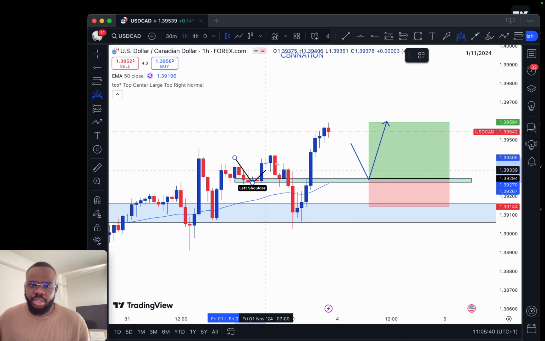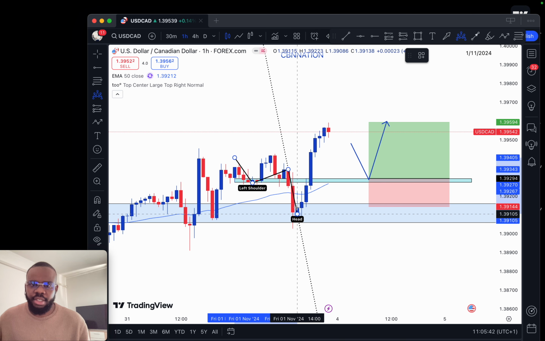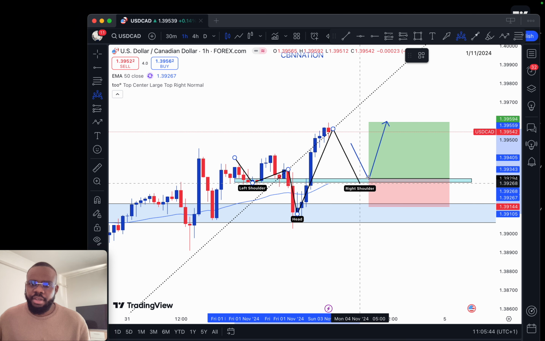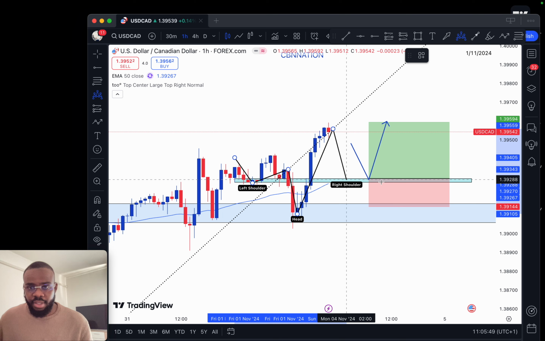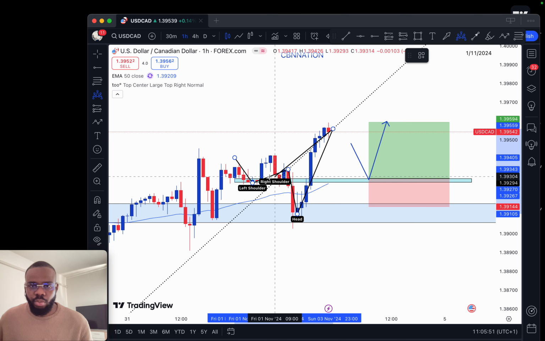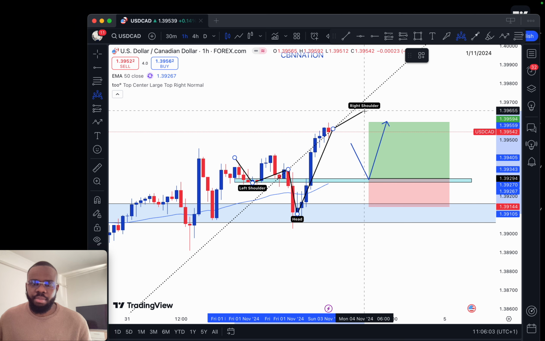We see the left shoulder, the head, then the breakout, then the right shoulder is going to form here, because this is the last area of interest that price broke through. As price comes here, and it's also lining up with the EMA, it's going to retest here, then move to the upside.